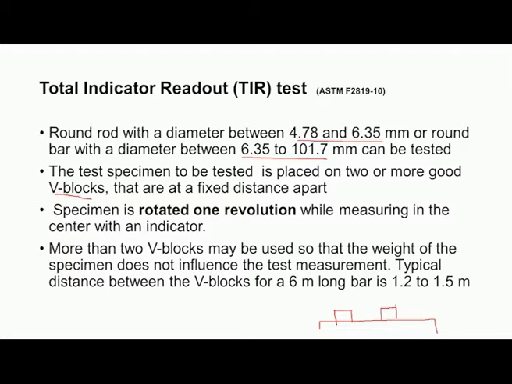If the length is say 2 meter, 3 meter, then we have to take 3 or more V blocks to support the rods. We have to thoroughly clean the datum surface as well as the V blocks, and the rod should be thoroughly cleaned, and then it is placed on the V blocks.